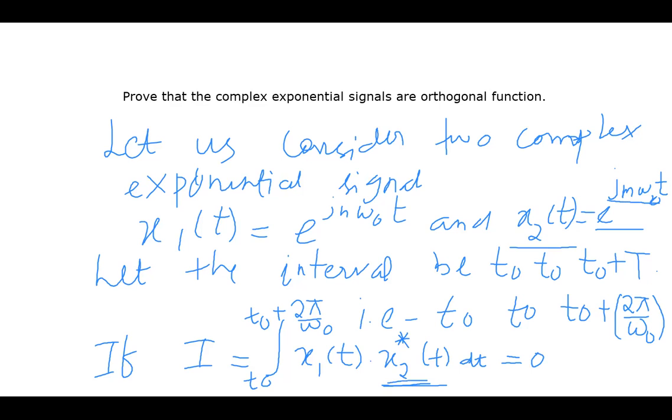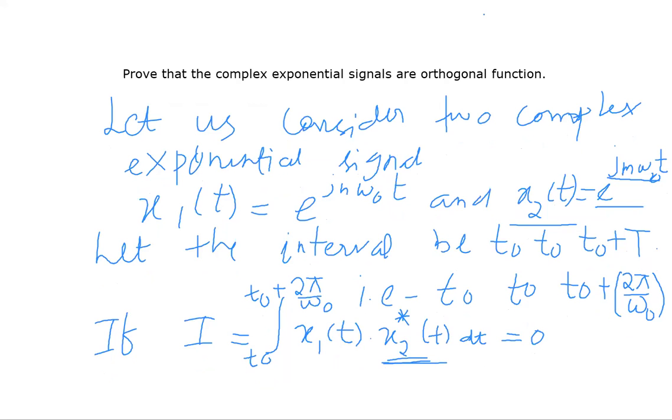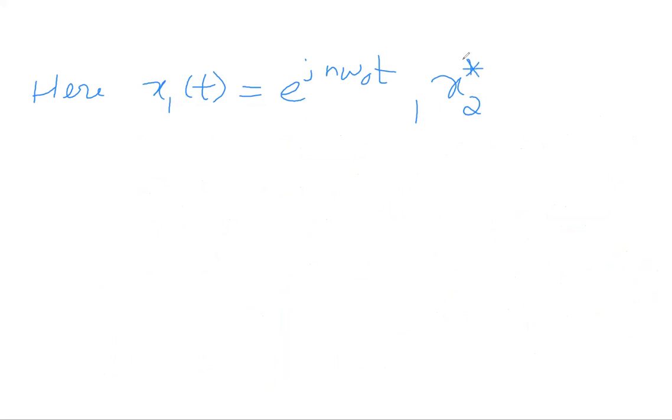Okay, so let me write this on the next page. So here, what will be our x1? x1 will be the same as what we have assumed, that is e to the power j n omega 0 t. And x2 conjugate star of t is equal to e to the power minus j m omega 0 t.